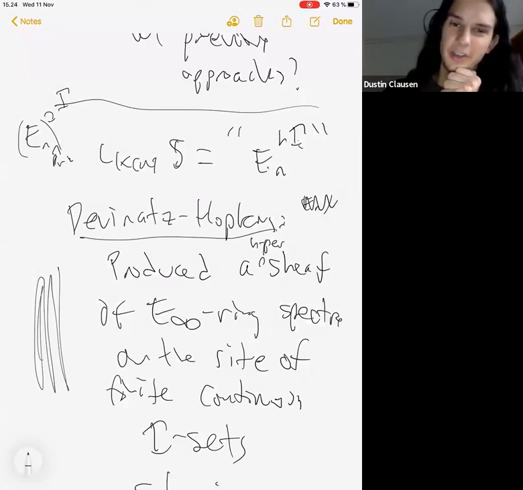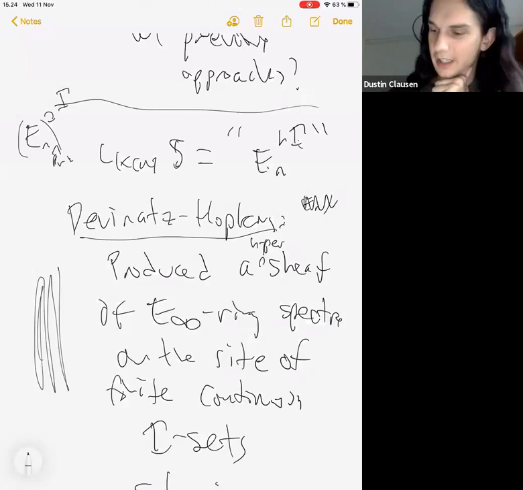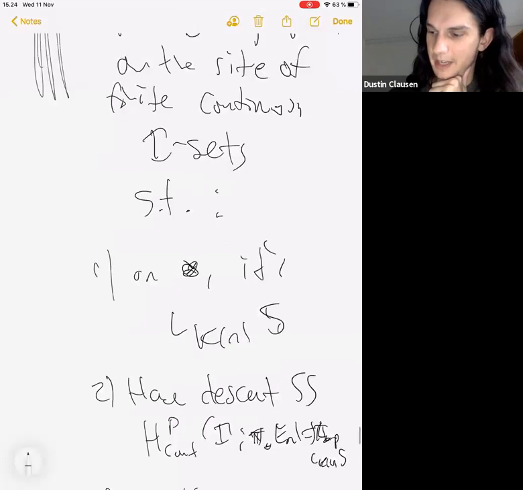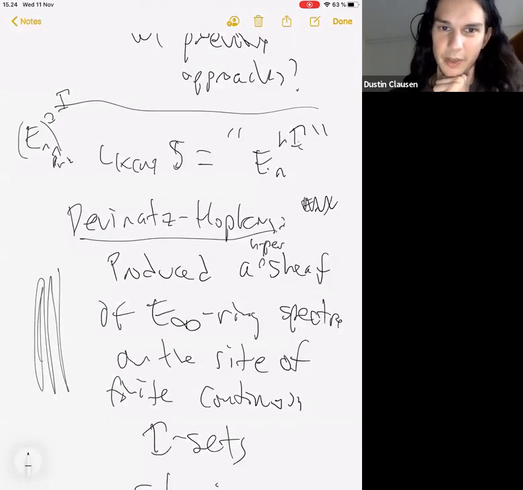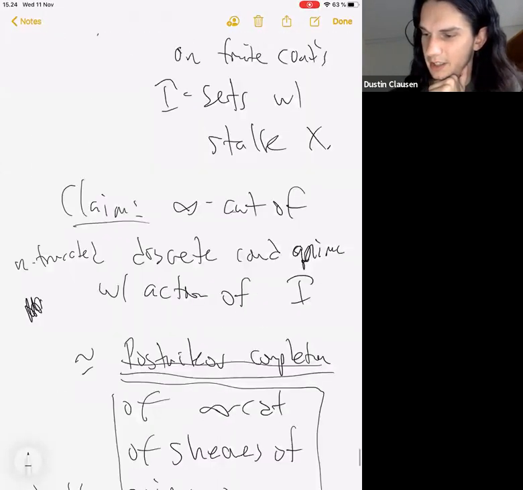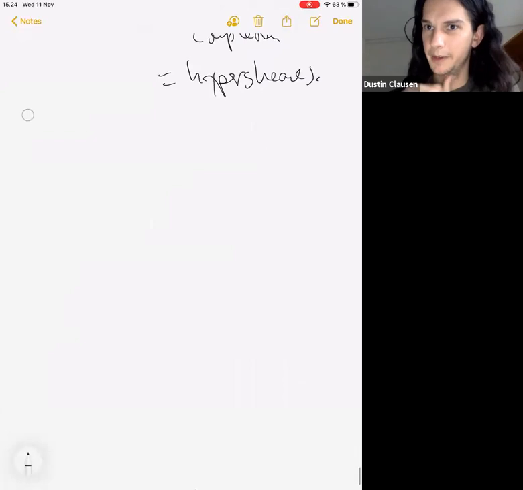But the construction that we gave here is, I would say, a lot easier than what Devinatz-Hopkins did. They had to build each of these things by hand and verify all these properties and so on, whereas it comes quite naturally in this condensed framework.